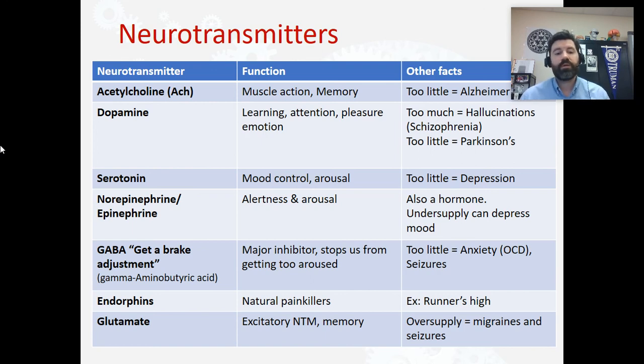And then the last one up there is the most popular, the most abundant neurotransmitter in the brain, and it's what we call glutamate. It is a major excitatory neurotransmitter. It is highly involved with memory. Know that if you have too much glutamate in the brain, it can lead to things like seizures. You'll see that acetylcholine and glutamate look pretty similar.